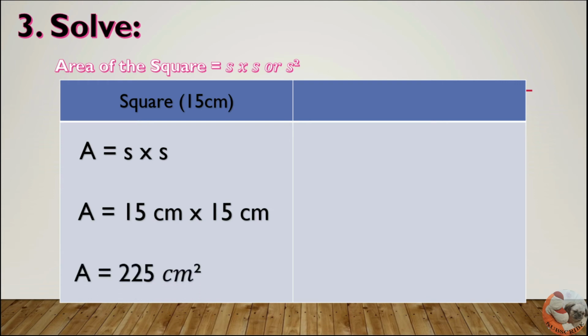The area is equal to 225 square centimeters. Then solve for the area of the square whose side is equal to 30 centimeters. Why 30 centimeters? Because you have to double the side of the given square, which is 15. That's why it is 30 centimeters.